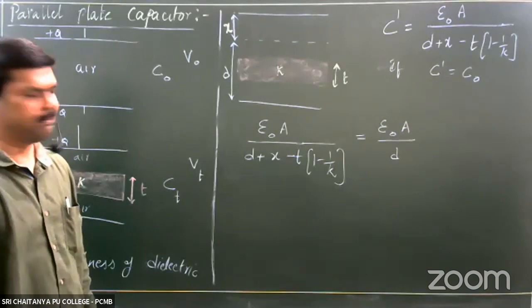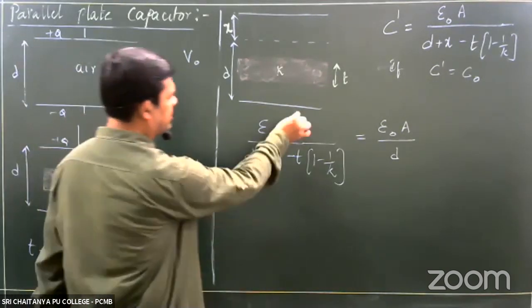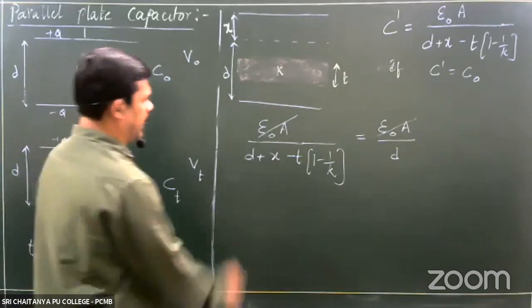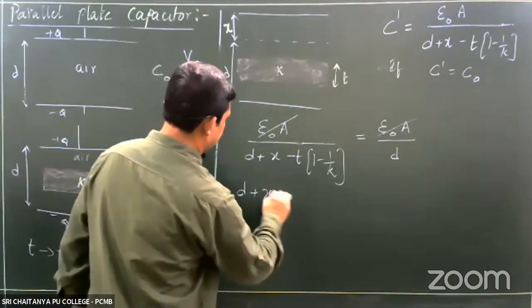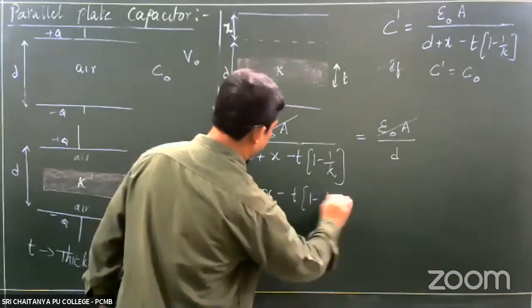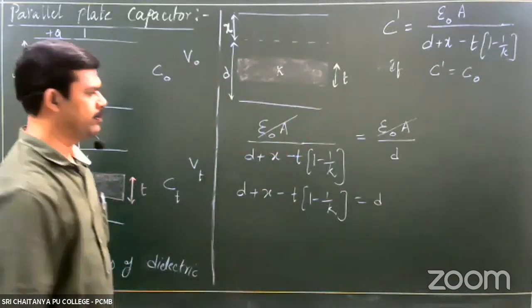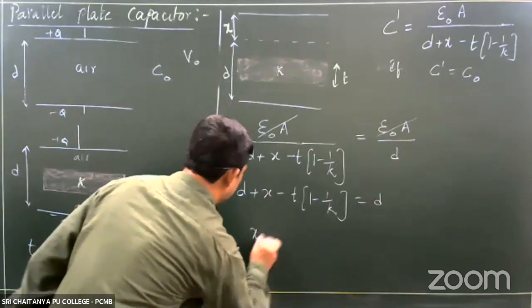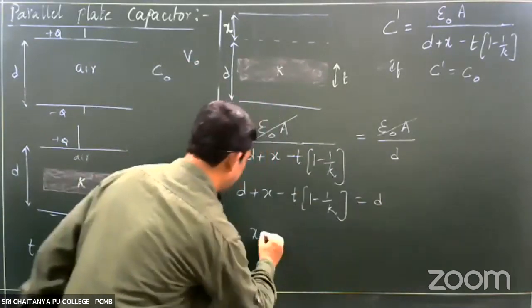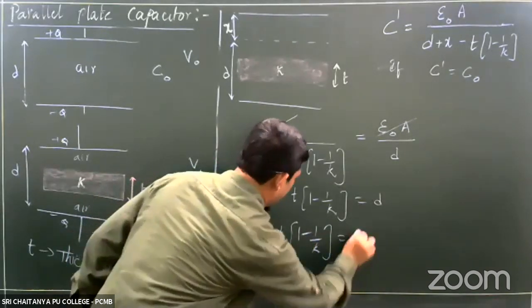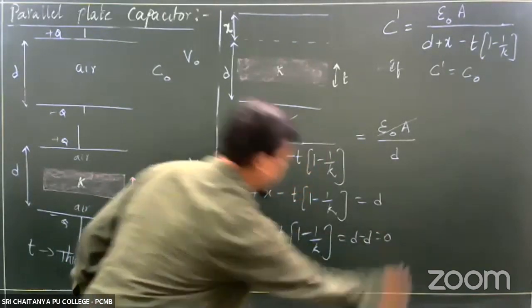What is cancelling on either side? Epsilon naught A. Then d plus x minus t into 1 minus 1 by k is equal to d. What can you write from this? Take d to that side, x minus t into 1 minus 1 by k, d minus d, 0.